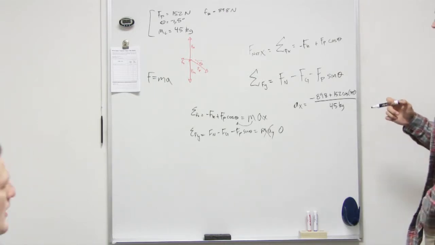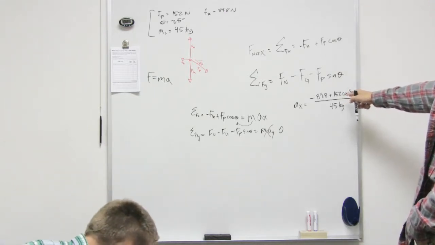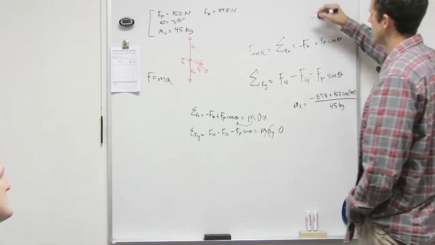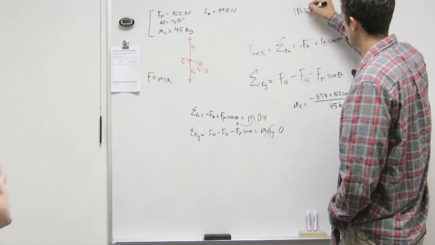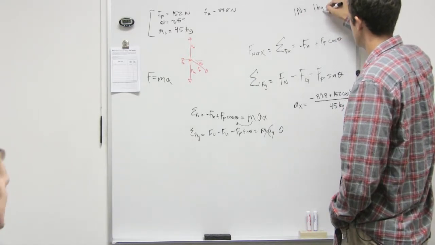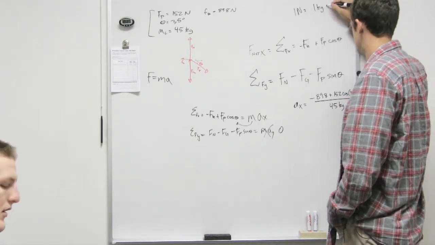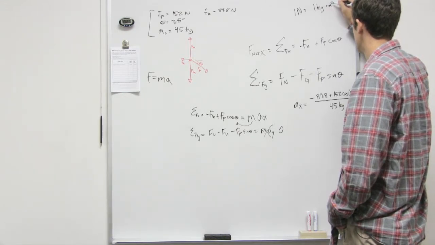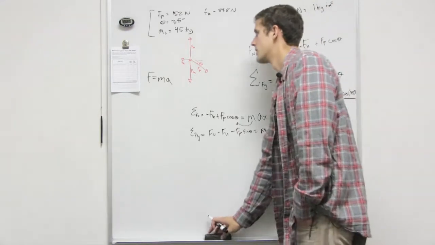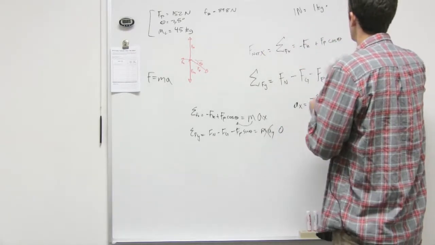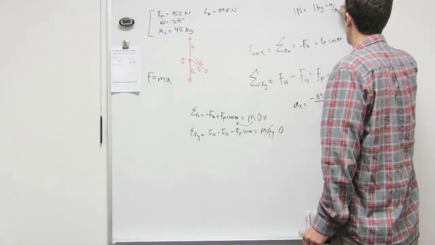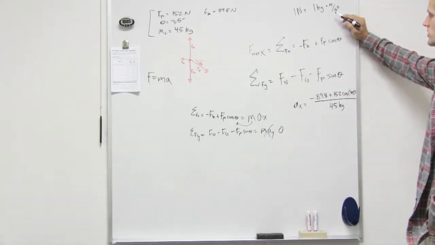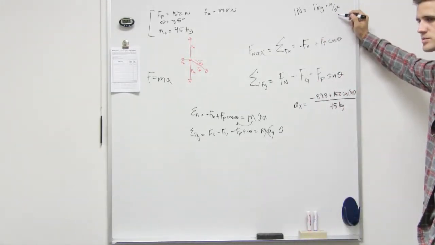And the way you can check this, so all the top pieces are in newtons, and then the mass is in kilograms. And 1 newton is equal to 1 kilogram times meters per second squared.